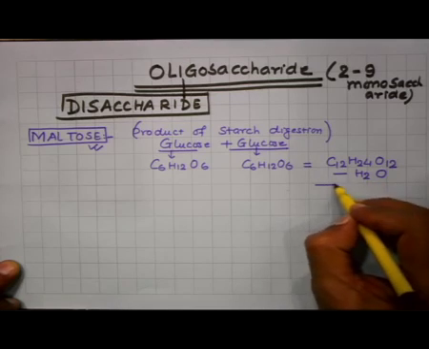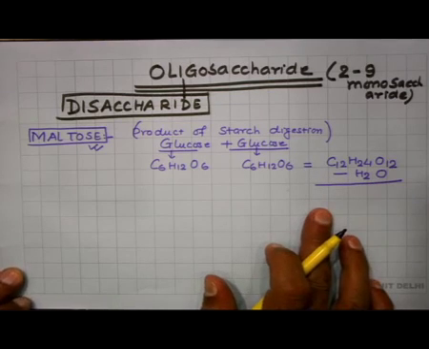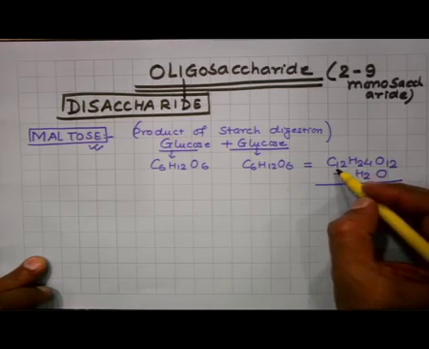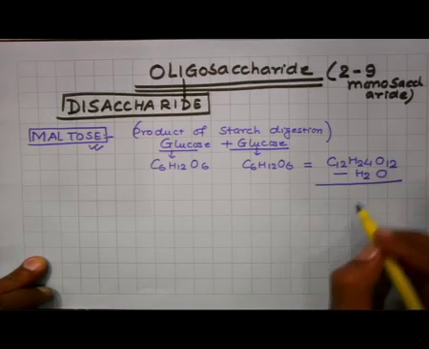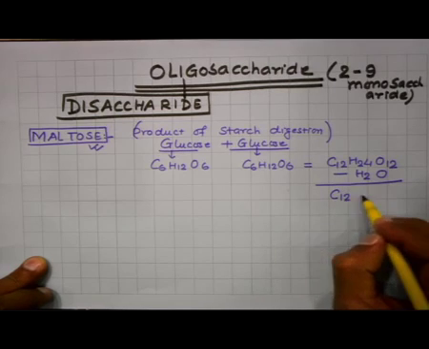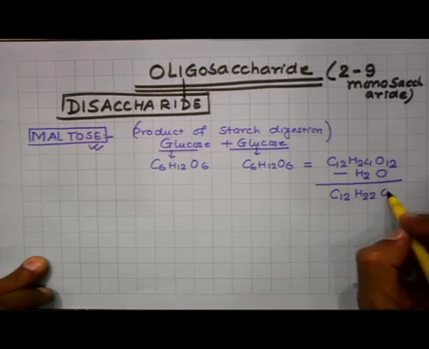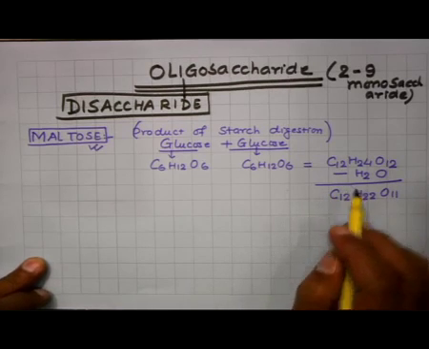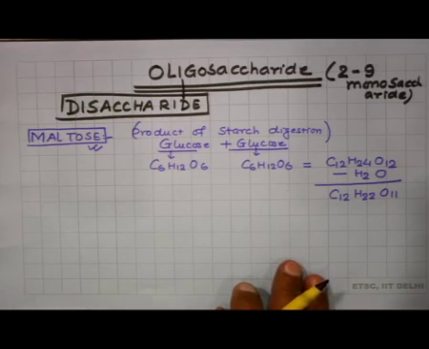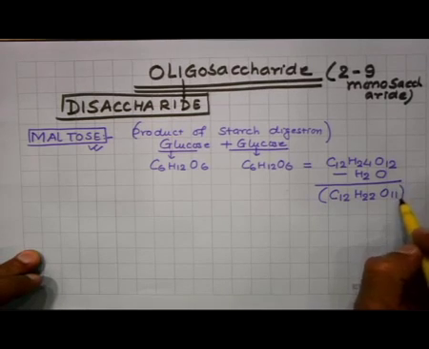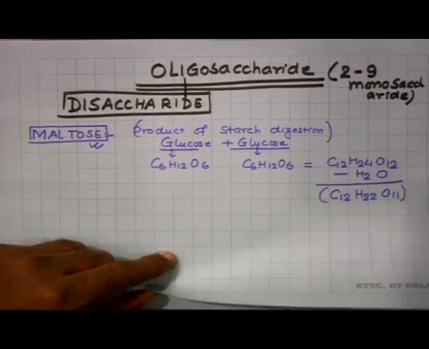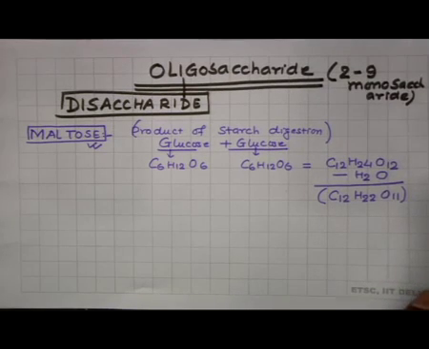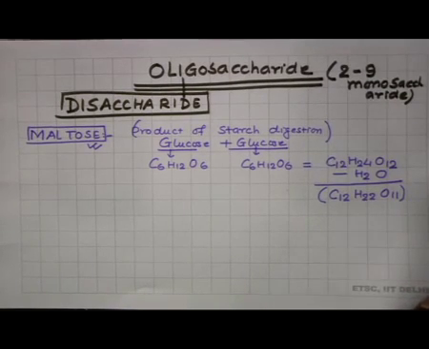So, when we subtract the water from C12H24O12, then the formula will be C12H22O11. So, the formula of all the disaccharides like maltose, lactose and sucrose will be C12H22O11, because it is formed after the combination of other monosaccharides: maltose glucose plus glucose, lactose glucose plus galactose, sucrose glucose plus fructose.